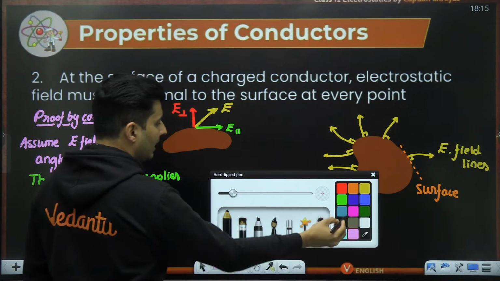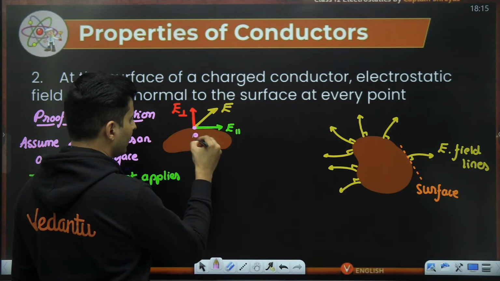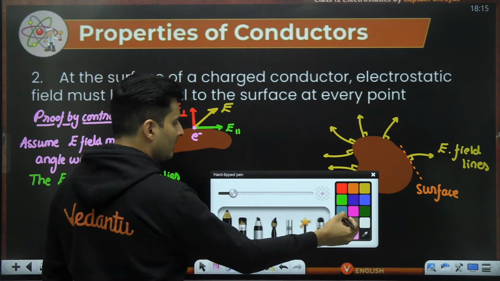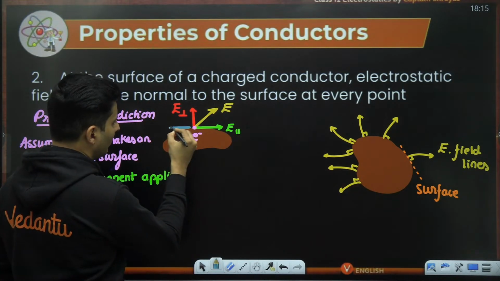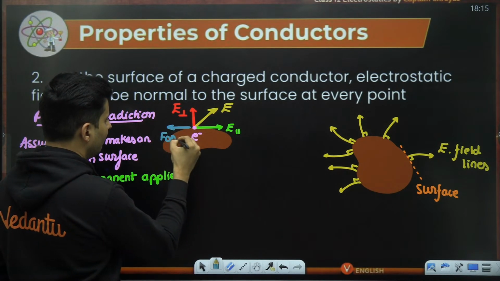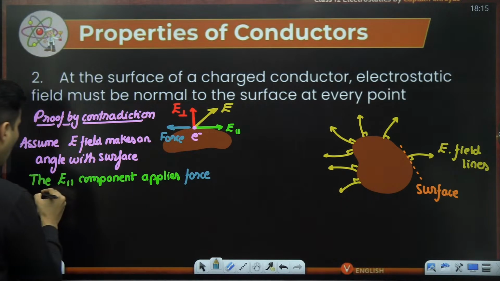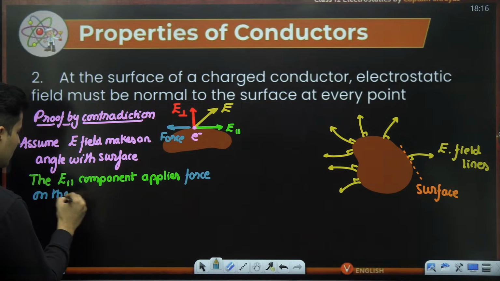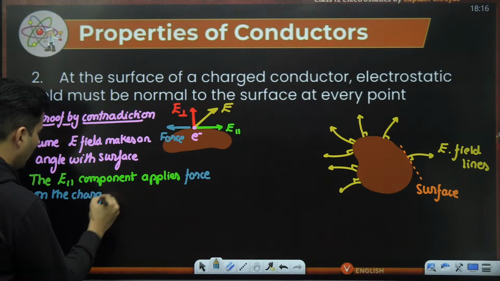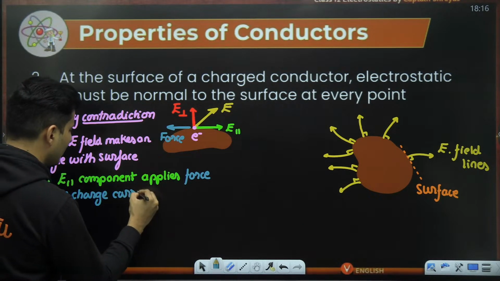Remember, there are electrons over here. Electrons will experience a force in the exact opposite direction like this. It applies some force on the charge carriers, or the free charges.